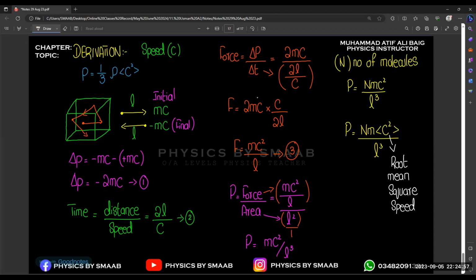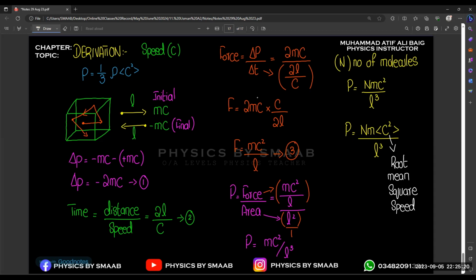We know that the direction will be anywhere in 3D, because we have a 3D shape, so there is a concept of volume. To calculate the speed, we take the vector, the direction, because once a particle moves in the forward direction, it will also bounce back in the backward direction.